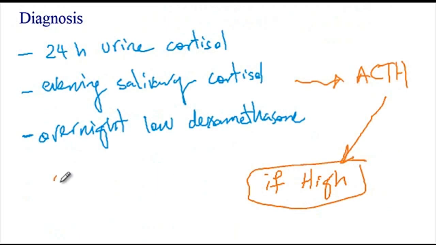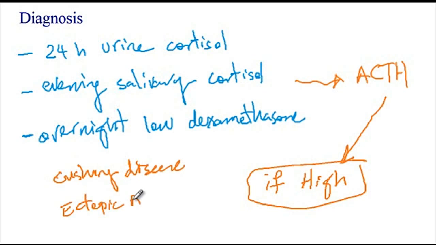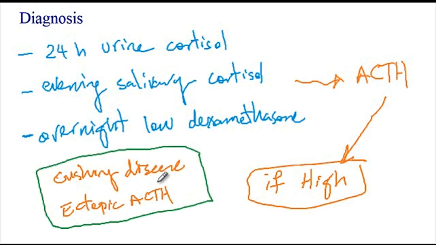And could you tell me how we can differentiate these two from each other? There is one other test that you can order from here on to help distinguish these two.